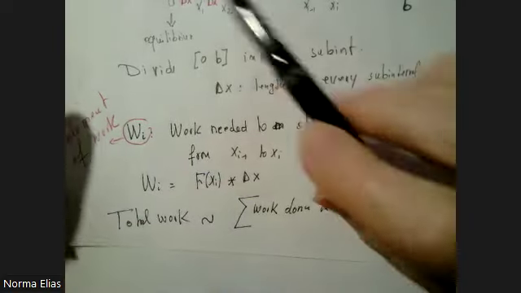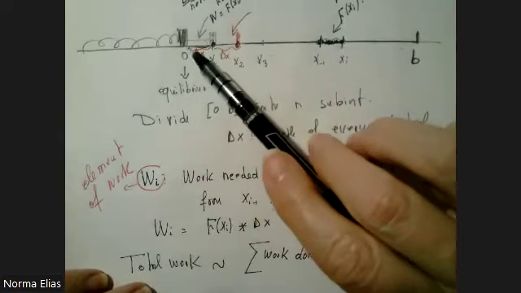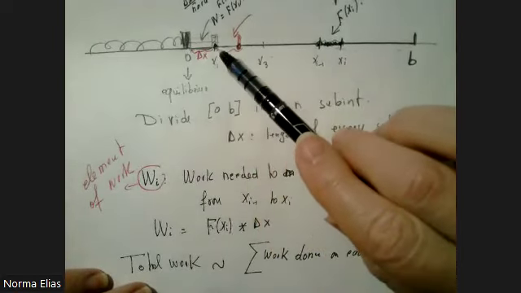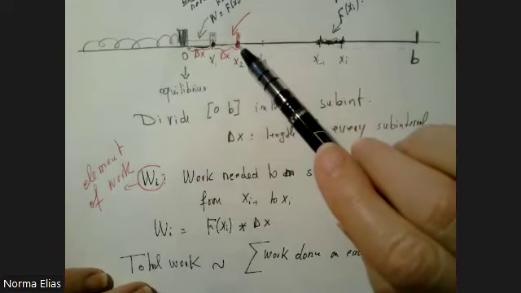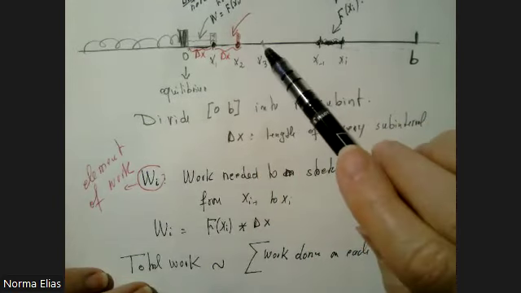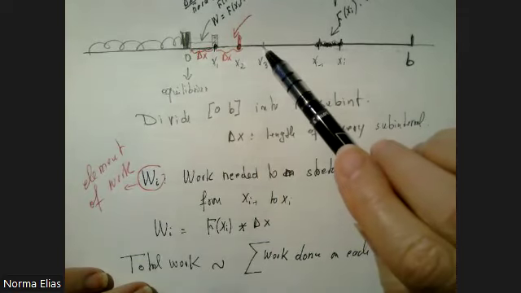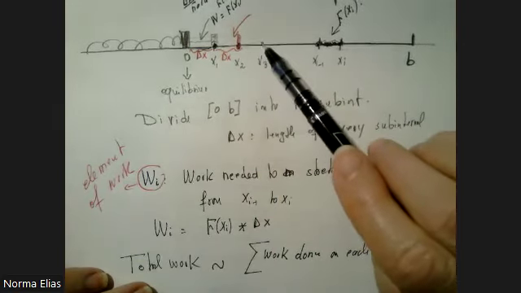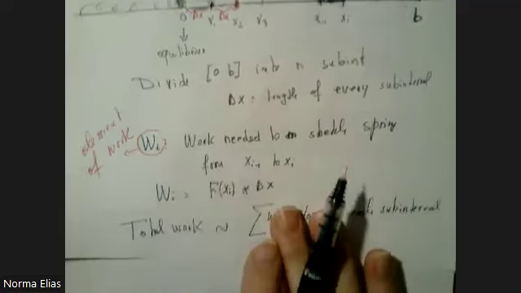We move it from here to here a little bit by assuming the force is not changing. When I hit here, I know that the force is changing, so I use the force at x2 times delta x. Now I found the work from here to here. Again, the force is changing, so I use the force at x3 as the constant value and multiply by delta x. That's how I am taking care of the fact that the force is changing.